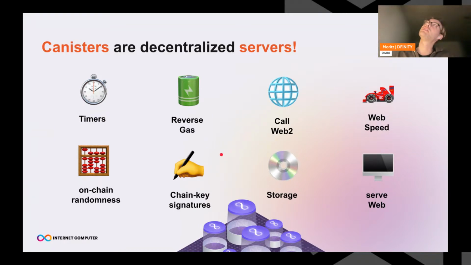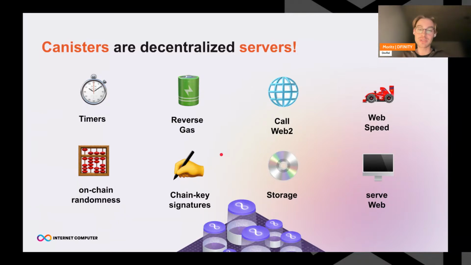Because the Internet Computer is easier to think about as a decentralized cloud, it's also easier to think about canisters or smart contracts as decentralized servers. And there are a couple of capabilities that canisters on the Internet Computer have that are special, I would say, and that you don't usually get on other layer ones. I'm not able to talk about all of them today in depth for the sake of time, so I'm just giving you a quick rundown for the ones here on the slides.